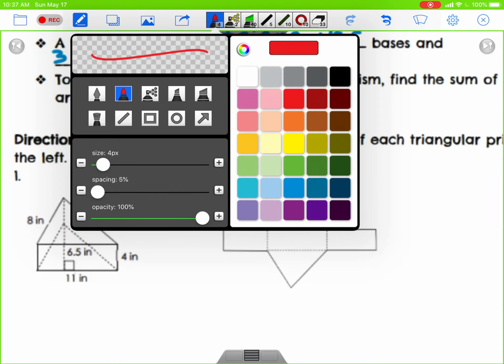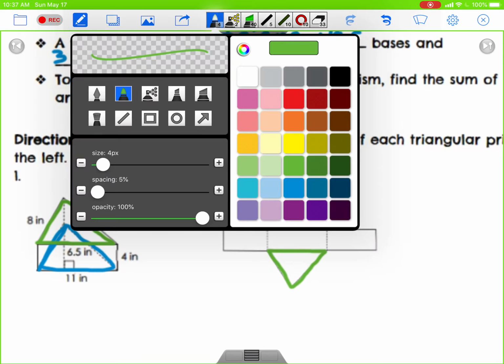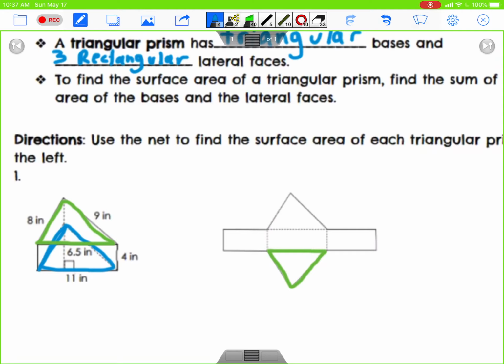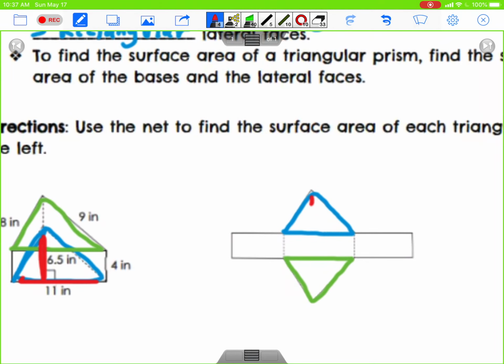Okay, so back to our triangles. We have these two triangles here. Let me do a different color so it's easier to see. It matches up with the two triangles of our net. Before, I told you that the base and the height is going to be right here. So when I do that for my triangles in my net, I'm going to do that too.